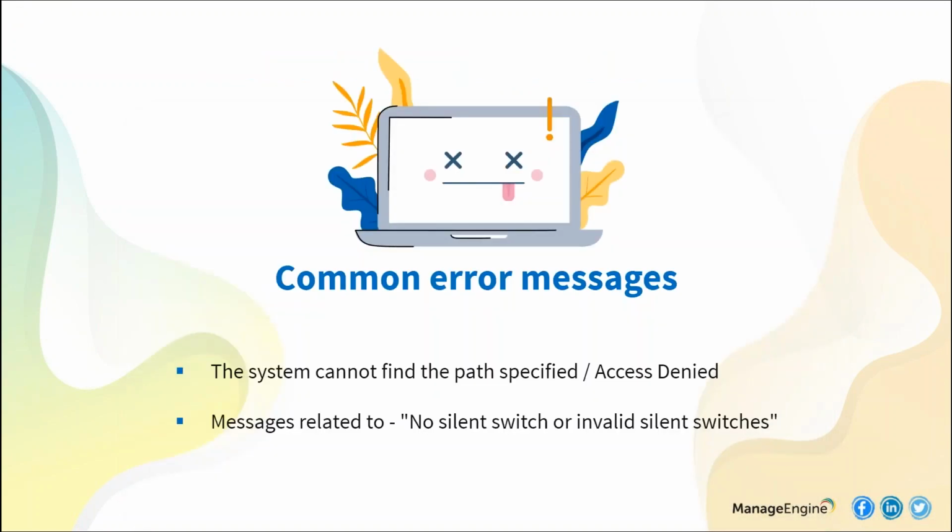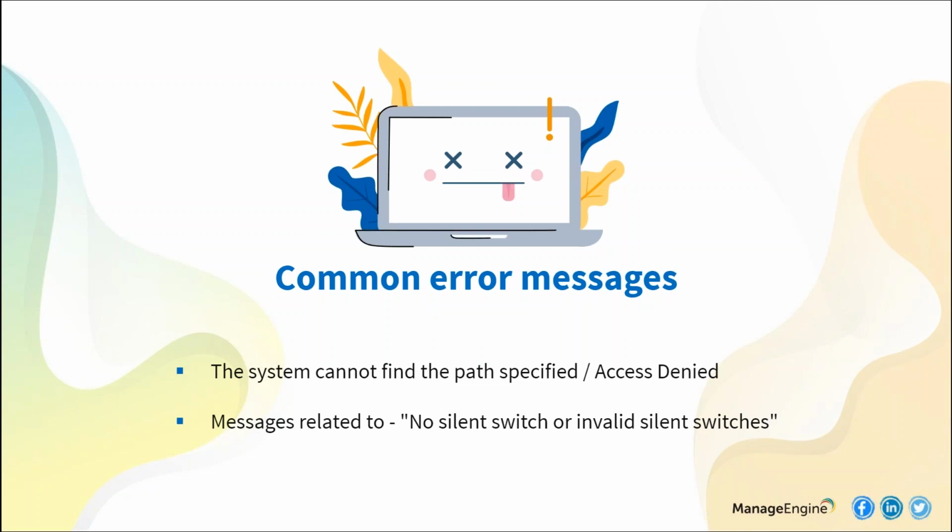Now, we'll look into the common error messages which will happen during a package deployment. First is system cannot find the specified path or access denied. You'll come across this error when you are creating a package with a network shared path.